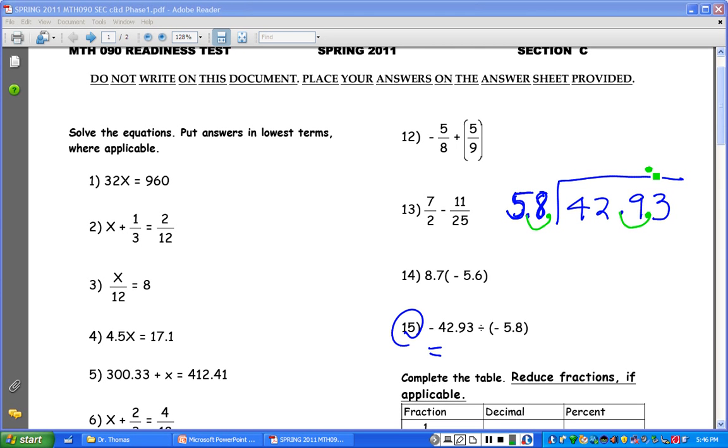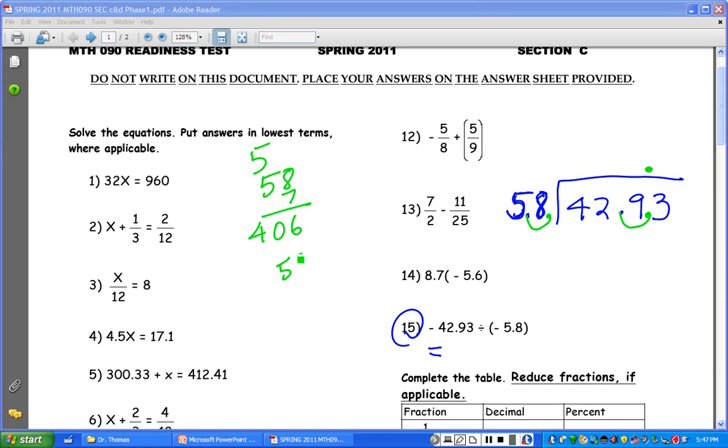Now let's proceed. 58 goes into 429 how many times? Alright, so you need to do some side calculations. 58 times what? Let's try 7. So that's 56, 35, that's 406.